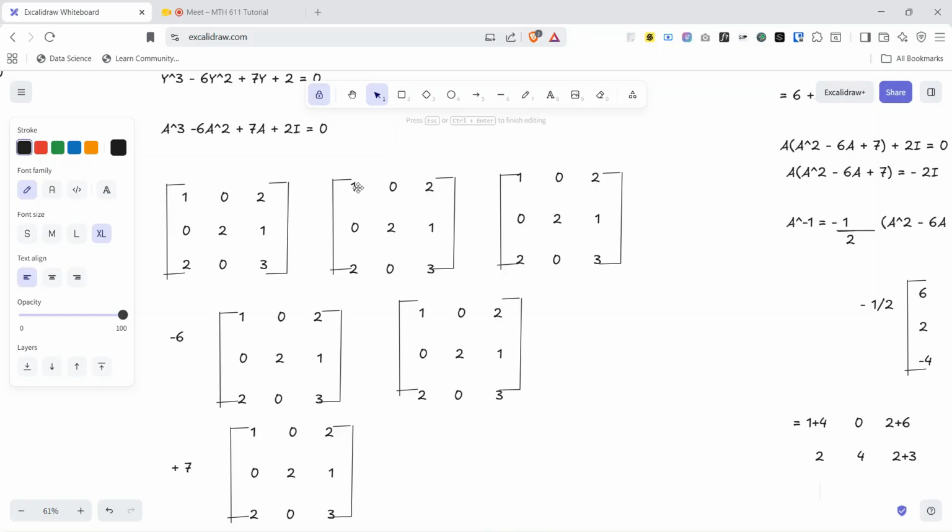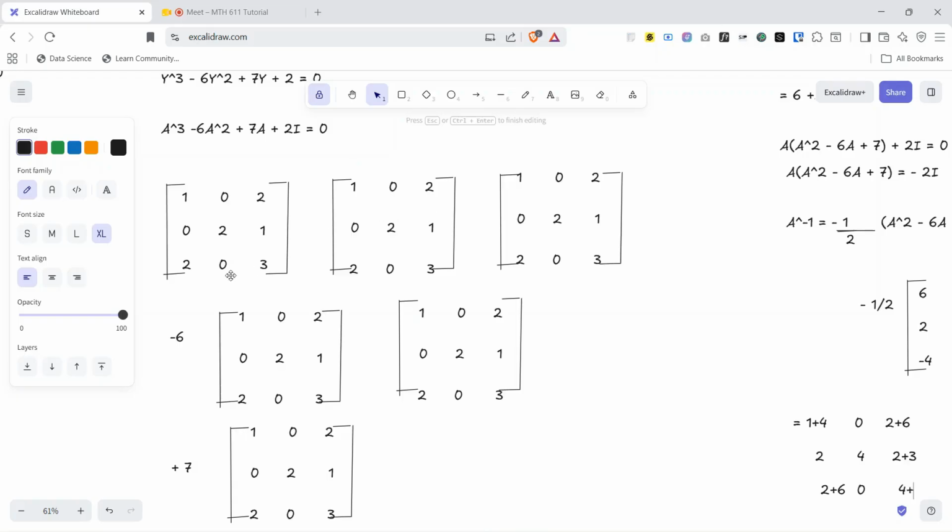2 times 1, 2. 0 times 0, 0. 3 times 2, 6. Then 2 times 0, 0. 0 times 3, 0. 3 times 0 is 0. 2 times 2, 4.